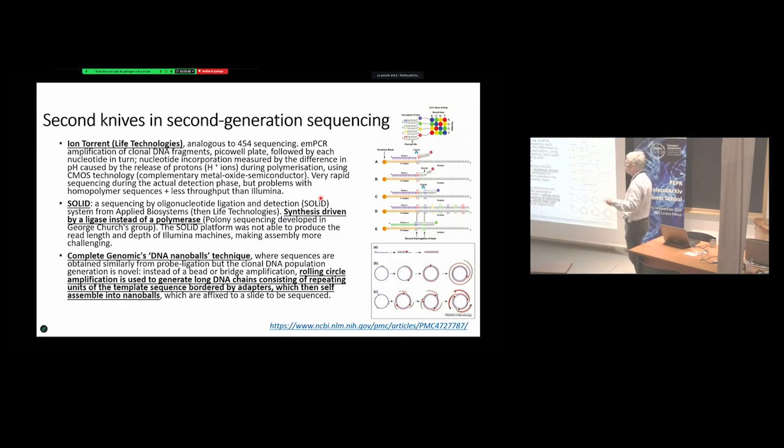It was already using CMOS technology, so that was interesting to have yesterday the presentation of the synthesis, because for the sequencing, the same type of questions have been raised. The sequencing was very fast, but there was some problem linked to the homopolymer, which was the same for the 454 and less obvious for Illumina.